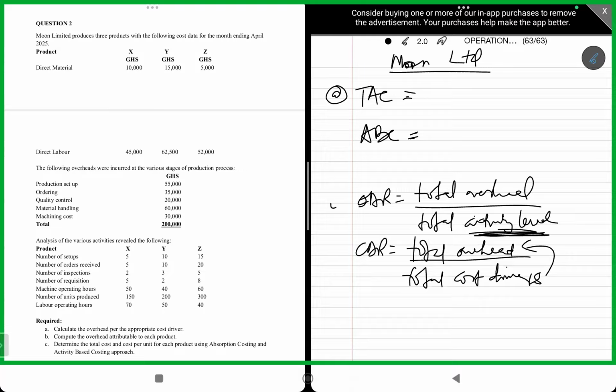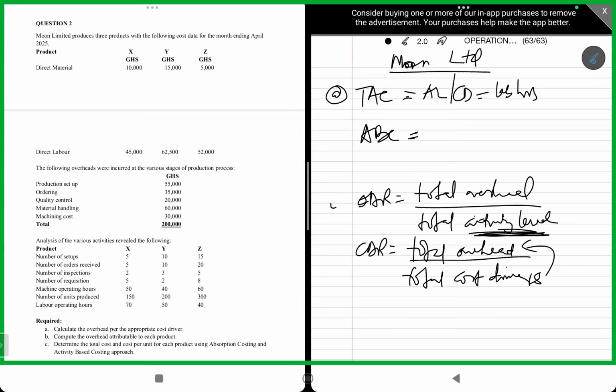So when we come to the traditional absorption costing, its activity level or cost driver is mostly labor hours, direct labor hours. It could be machine hours, it could be kilograms, but mostly it can be labor hours or machine hours.